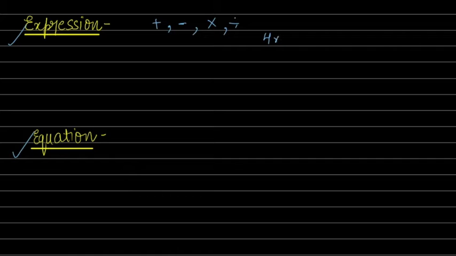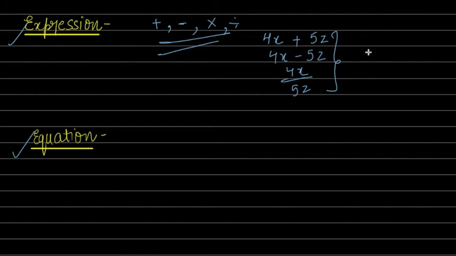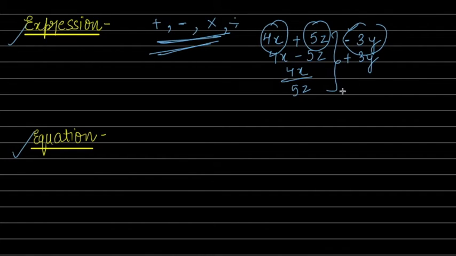If I write 4x and 5z and I put a plus sign here, or I write 4x minus 5z, or I write 4x upon 5z, either of the operations can be applied, and it can have two different operations as well. Maybe I can add here minus 3y, I have subtracted 3y. So where the terms are connected with these operations, they form expressions.